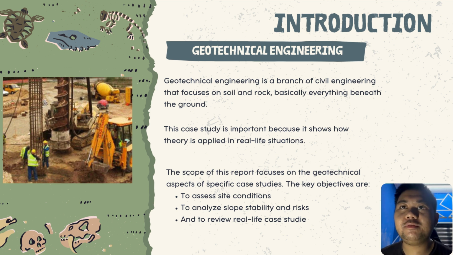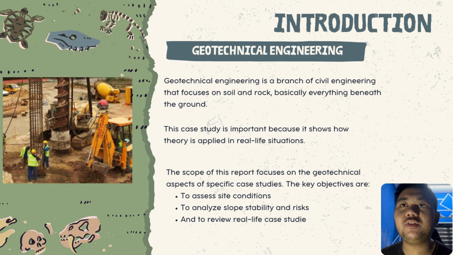Our report is focused on the Macintosh probe. The Macintosh probe test is a quick and cost-effective field method used to assess the strength and consistency of soft to medium soil. It is widely applied in the tropical region, especially for preliminary site investigation.